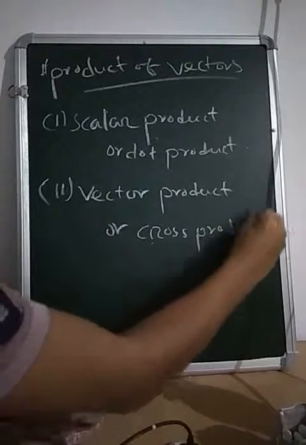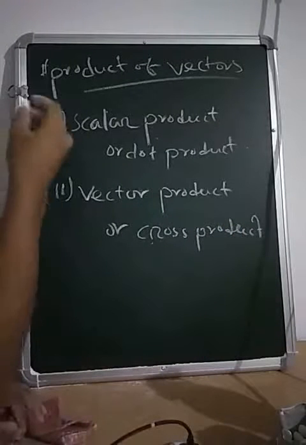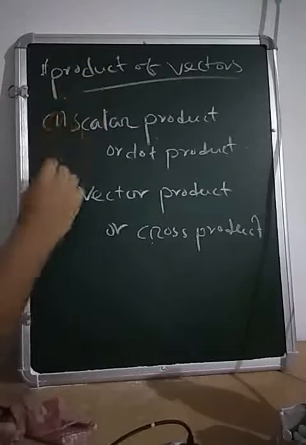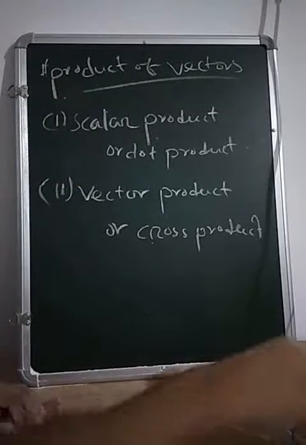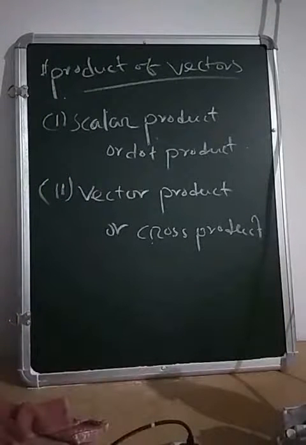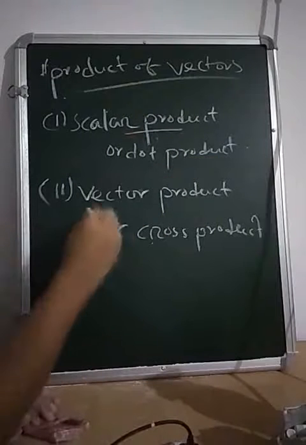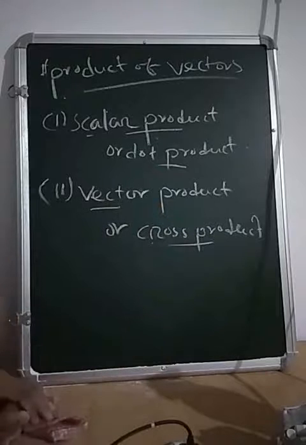In the case of vectors, there are two types of multiplication. One is scalar product and another is vector product. Scalar product is also called dot product, and vector product is also called cross product.